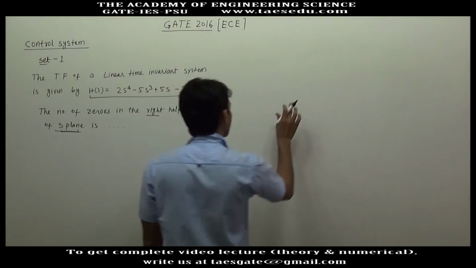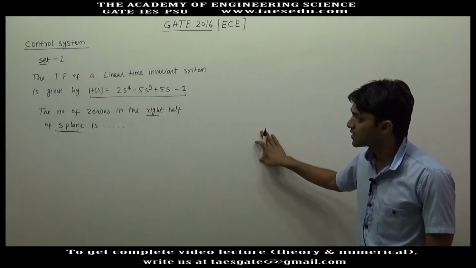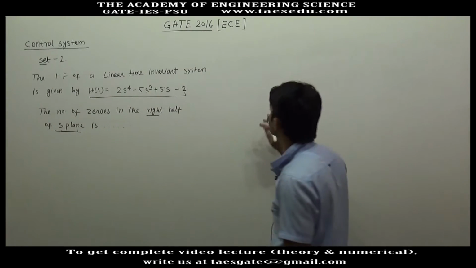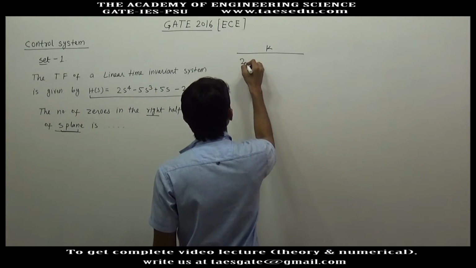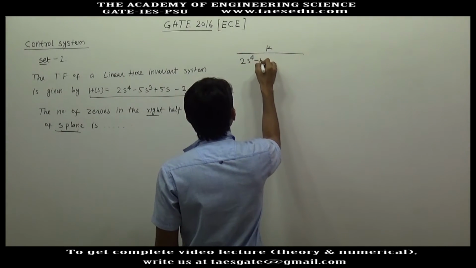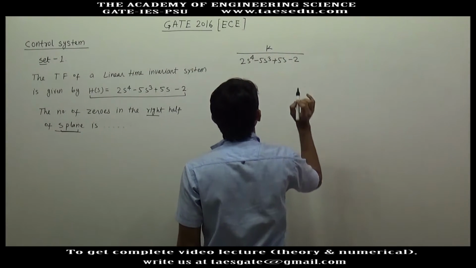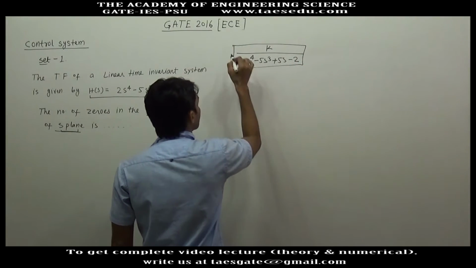So in Routh-Hurwitz, we check the stability of a system by checking the number of right half poles of the system. Let's say the equation is k divided by 2s^4 minus 5s^3 plus 5s minus 2. Let's say this is a closed loop transfer function of a system. How do we check the stability?